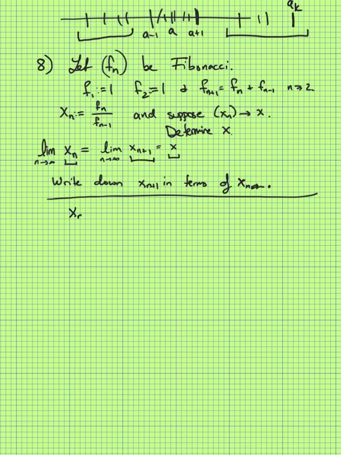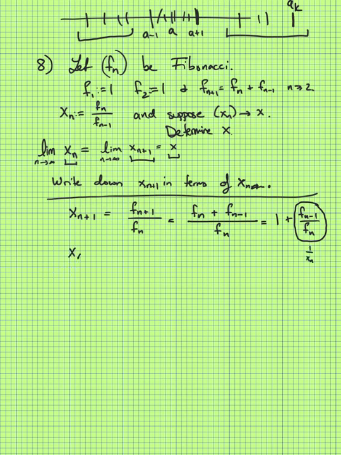So let's just write down x_{n+1}. This is F_{n+1} over F_n, which is F_n plus F_{n-1}, by definition, over F_n, which is 1 plus F_{n-1} over F_n. Okay. This term, if it was flipped, would just be x_n.